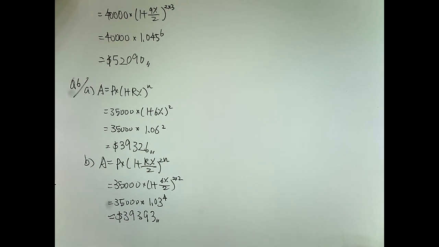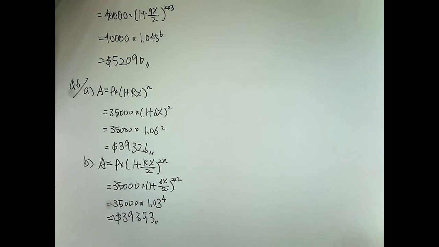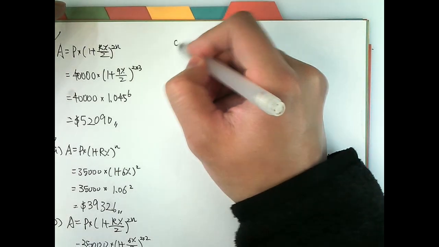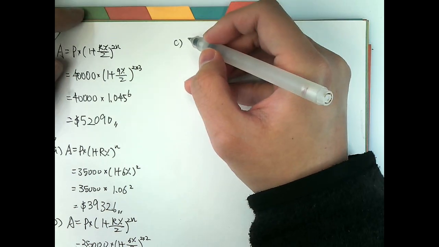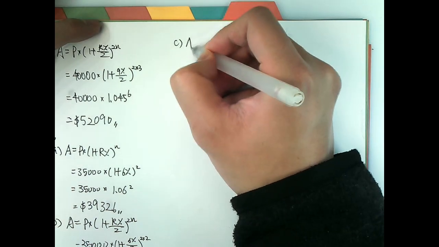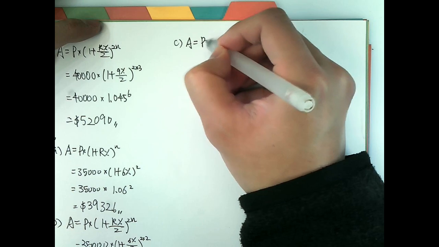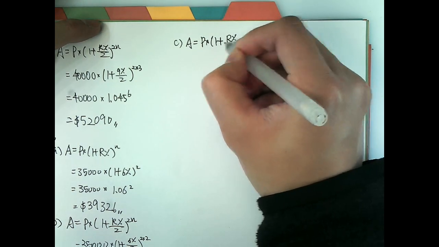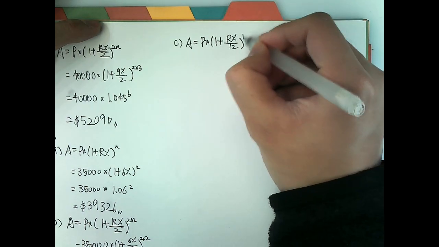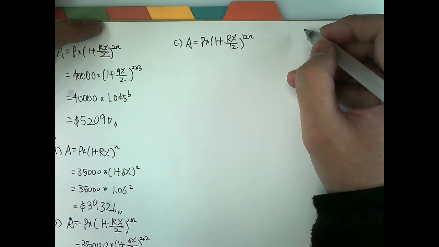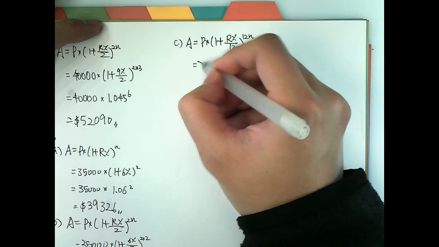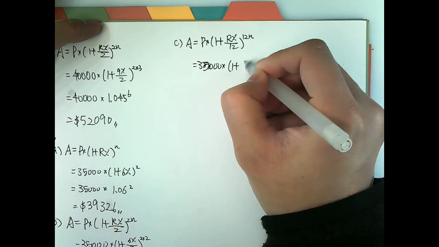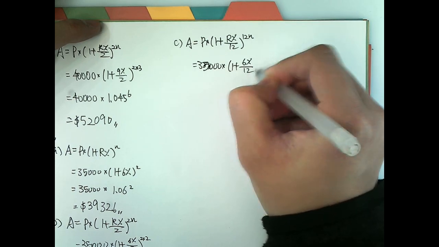And then we have to calculate C. So go to C. This time you compound monthly, right? You put an A here, equal to P times 1 plus, so monthly you have to divide by 12. So it's 12n above here, understand? So plug in 35,000 times 1 plus 6% divided by 12.